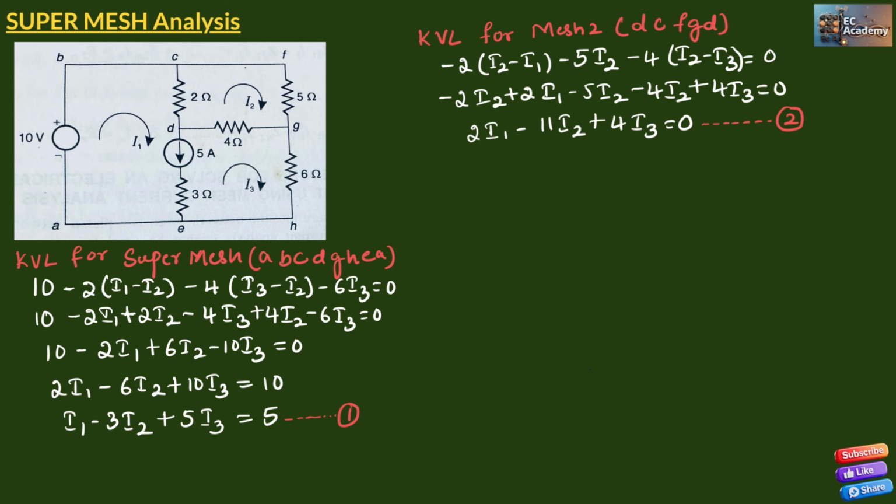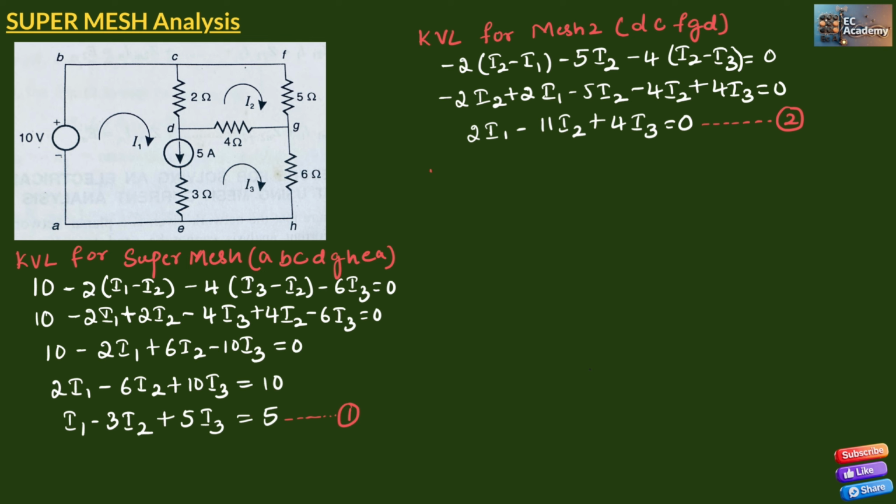Now we have the current source between D and E, which is 5 amperes. The 5 ampere current source lies between the first mesh and the third mesh. So we can write I1 minus I3 is equal to 5 amperes.